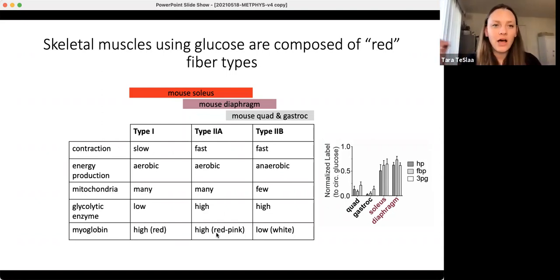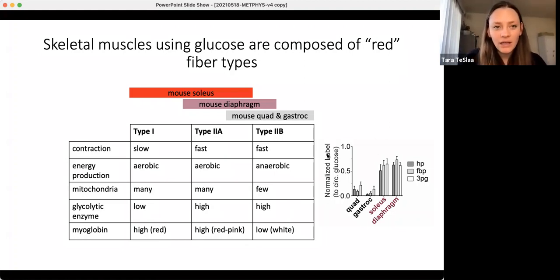So it seems that the common thing here between the soleus and the diaphragm is that both of these muscles have a lot of mitochondria and myoglobin. So we came to the conclusion that maybe it's red muscle that is actively using circulating glucose in glycolysis.